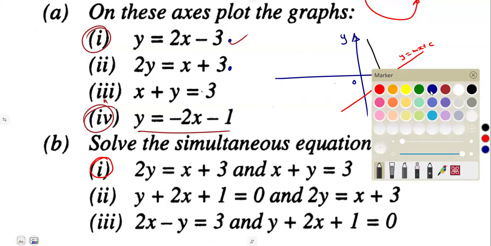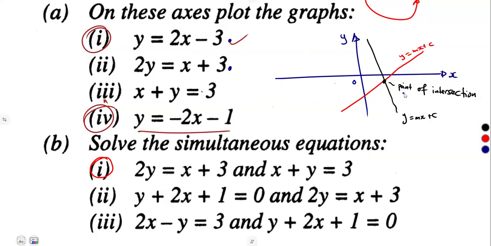At the point of intersection, it's a point, remember? What is a point? We are referring to the x value and the y value. That is the one that builds up a point. So the x value and the y value at the point of intersection will be our solutions.